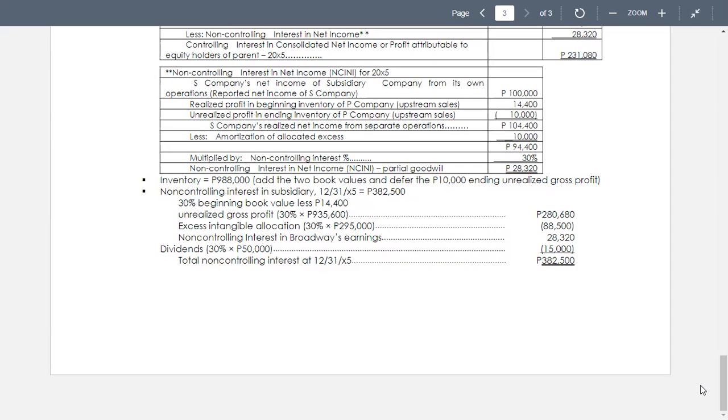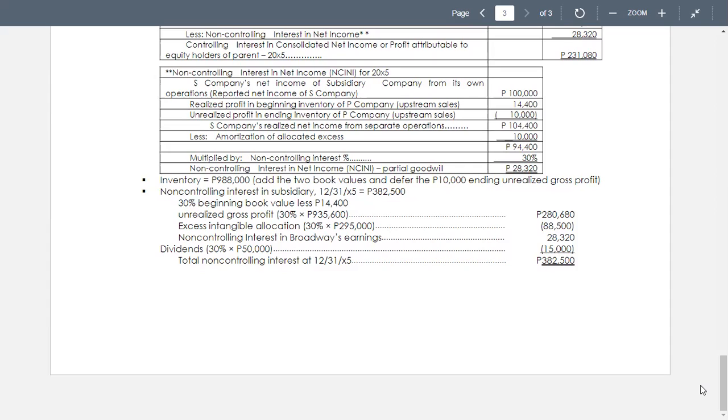The companies sold their merchandise at the following percentages above cost. Pine, 15%. Remember, Pine is the parent. Salad, 20%. Tuna, 25%. The amount of merchandise remaining in the 20X4 beginning and ending inventories of the companies from these intercompany sales is shown below.